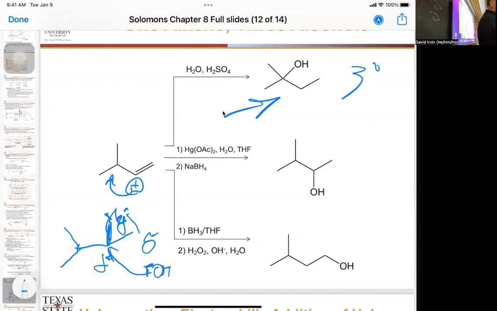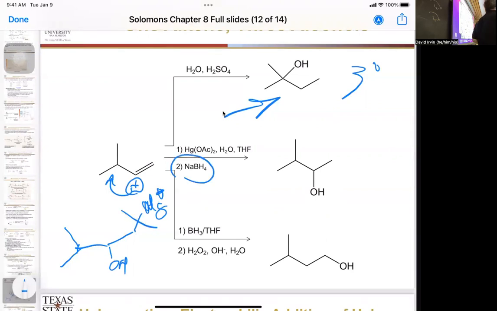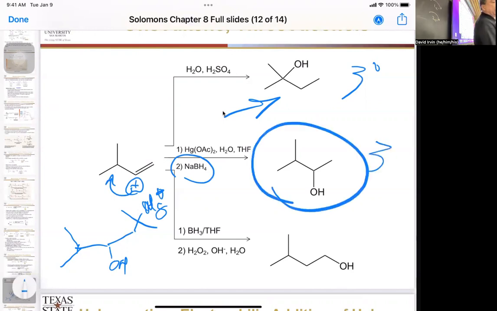Then we end up with our other intermediate, where OH is now bonded to that more substituted carbon, but it didn't rearrange because it never formed the carbocation. We have our mercury over here, and then that gets broken off by our reducing agent. I misspoke earlier. You get a hydrogen where the mercury was, meaning you have a secondary alcohol right here.